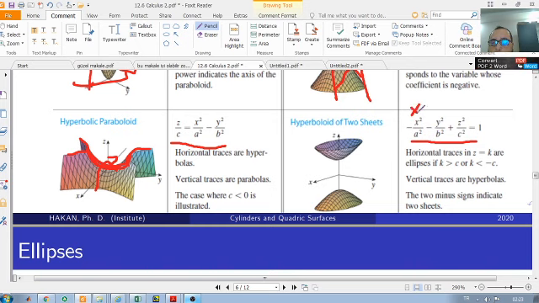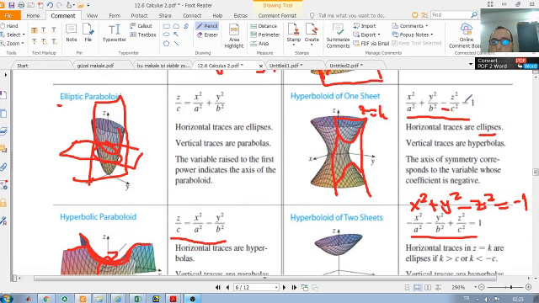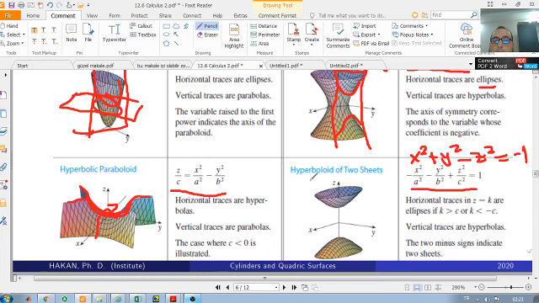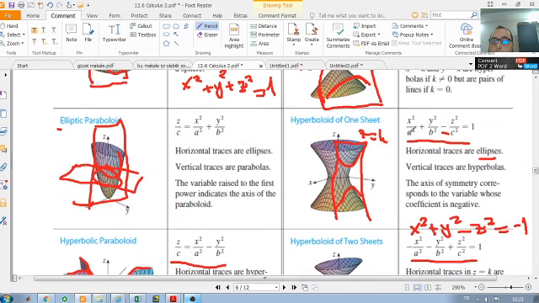The most known form of the equation of the hyperboloid of two sheets is x squared plus y squared minus z squared, actually we multiply this equation by minus, is equal to minus 1. We just change the sign of the number 1 on the right hand side in the equation of the hyperboloid of one sheet, and we obtain the hyperboloid of two sheets.